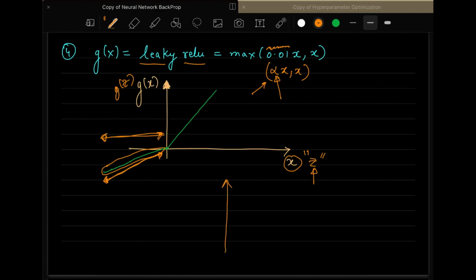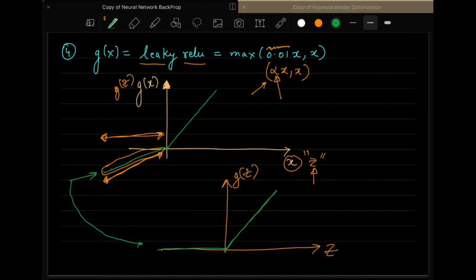If you have a ReLU which is given like this, you know that leaky ReLU has an advantage over ReLU because of this region where we have a dead area. So they put a slope to avoid this dead area.